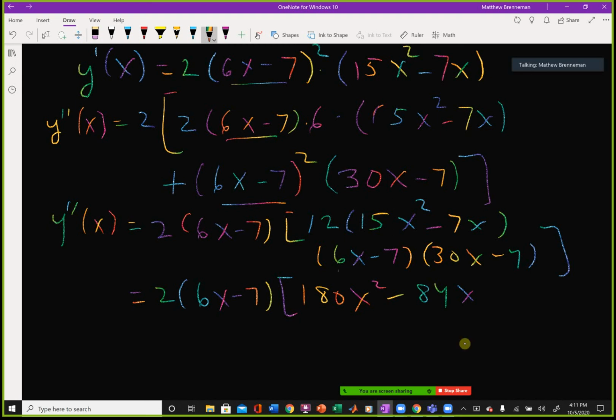So we'll have 6x times 30x. So that'll also be 180x squared. 6x times minus 7, okay, it's going to be a minus 42x. Minus 7 times 30x is going to be minus 210x. And finally, we'll have positive 49.